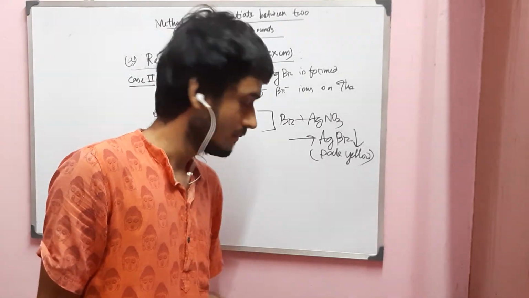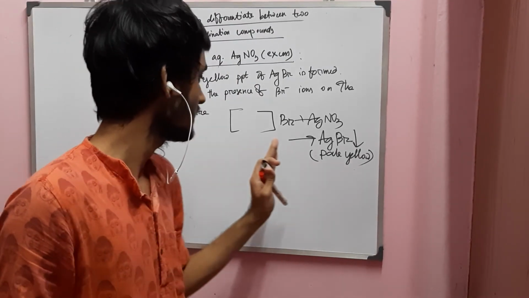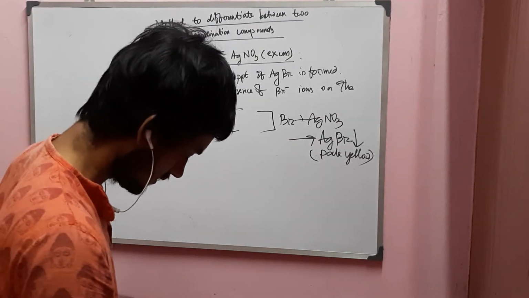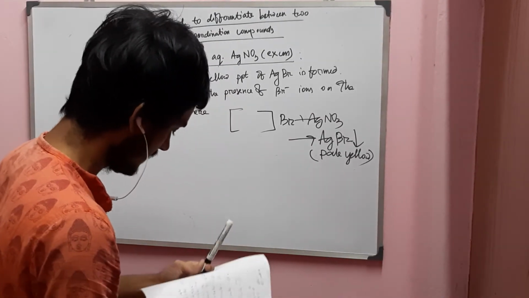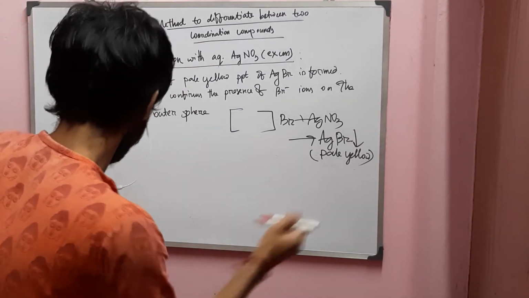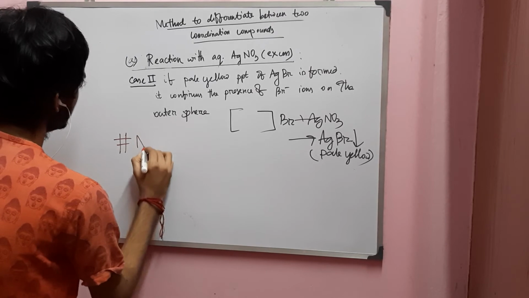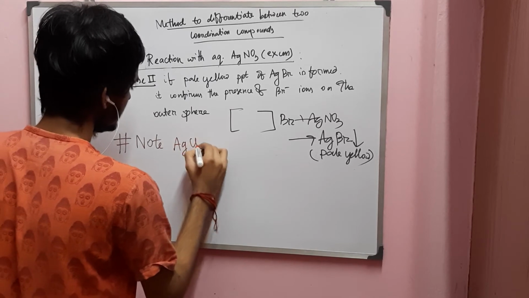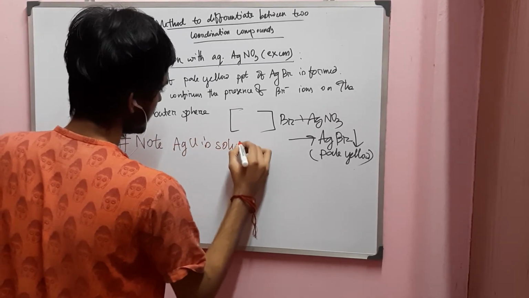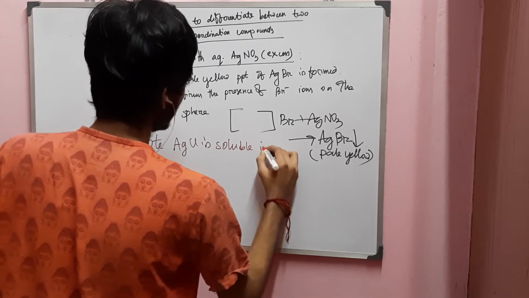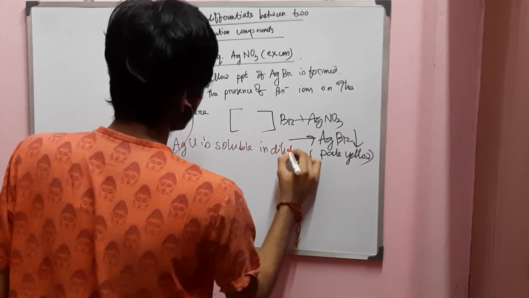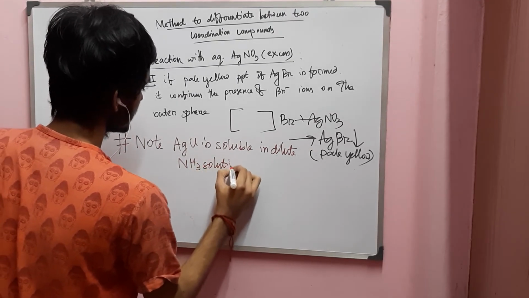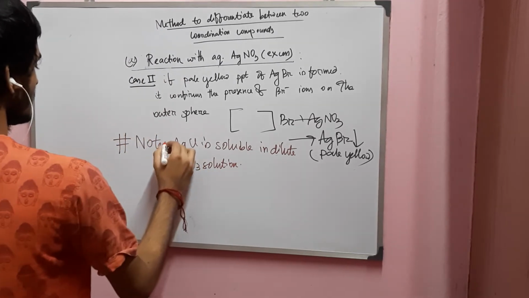But here is an important note differentiating AgBr and AgCl. You have to remember it. The note here is, AgCl is soluble in dilute NH3 solution. This is the first point.